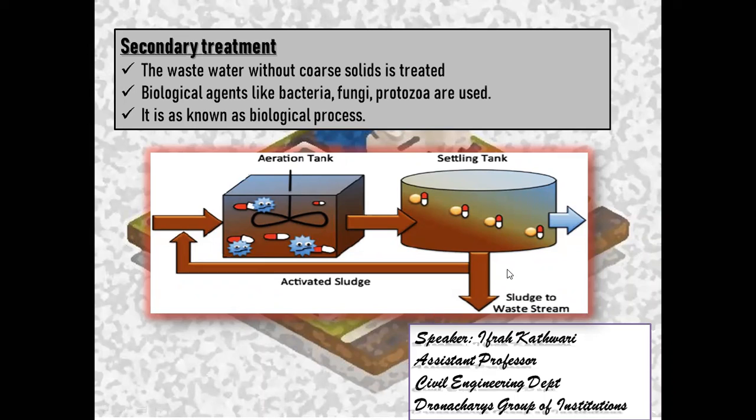So yes, now in this activated sludge process, if any organic matter is still present in the sludge, then the sludge is taken again to the aeration tank, where the same process takes place again.